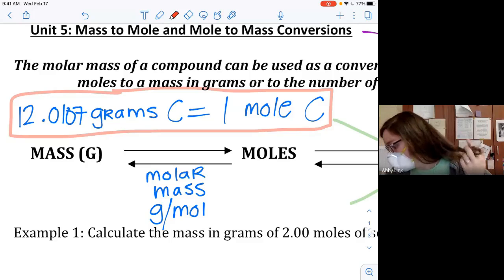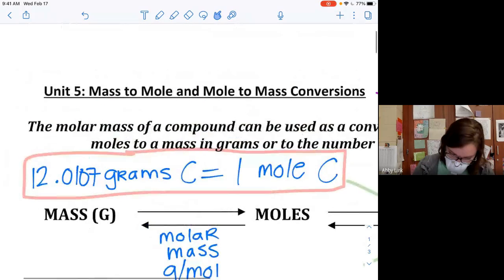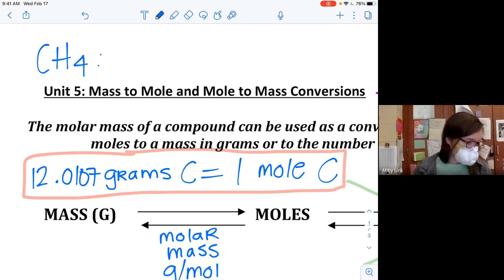I want to kind of press you a little bit further here before we get started. Would it be true then if I were to find, let's say, the molar mass of a compound? Let's say we were to find the molar mass of CH4. It's going to be right around 16. Let me calculate it real quick. It'll be about 16.04.